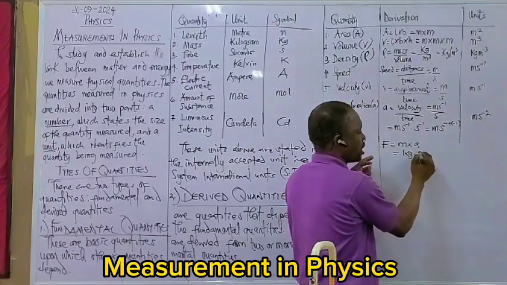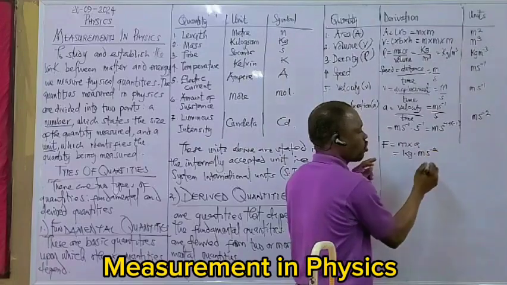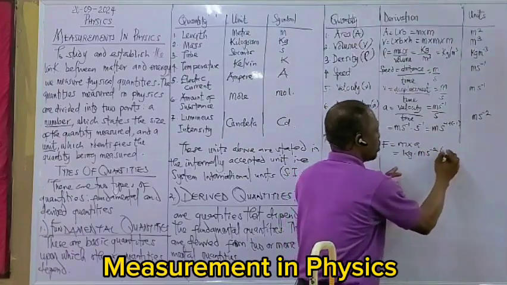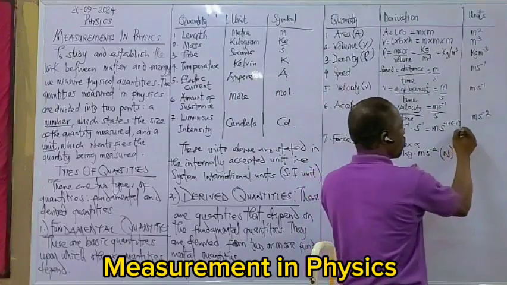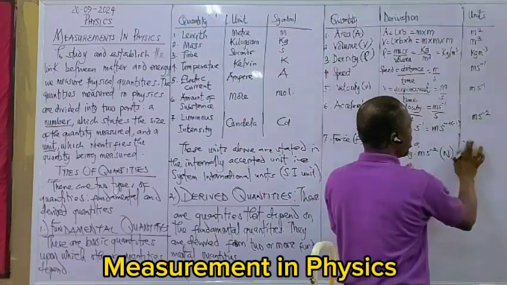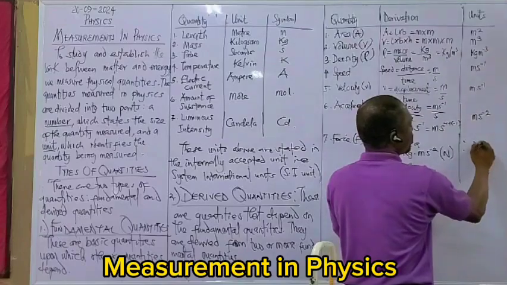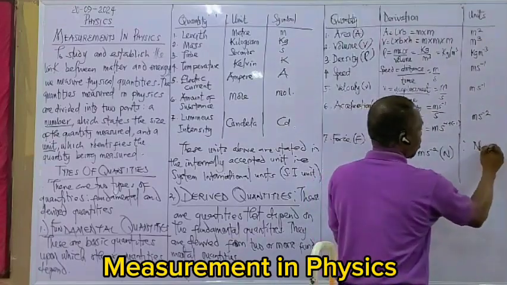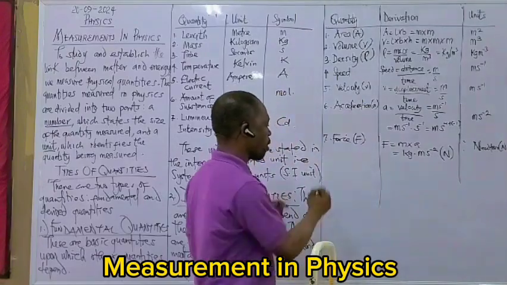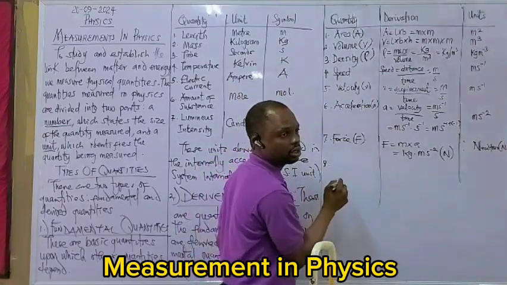Meter per second squared. This whole thing is what we call Newton. So we just write Newton. So this is Newton, N. That is the unit.